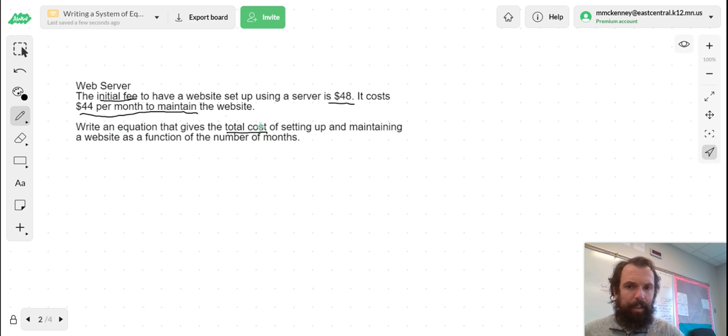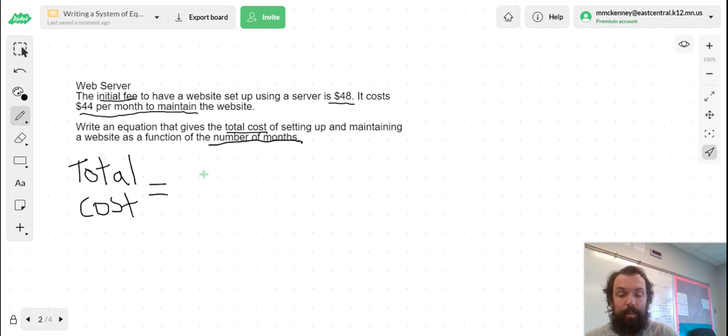Again, we're looking for a total cost, which is made up of 2 parts. We have cost per month and our initial fee.